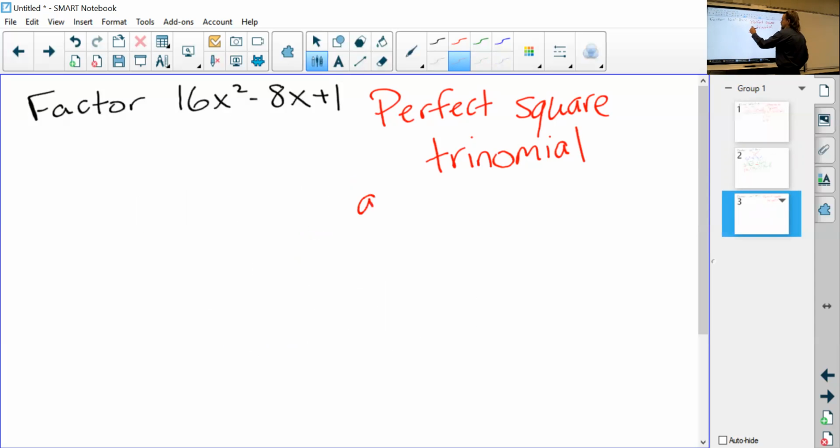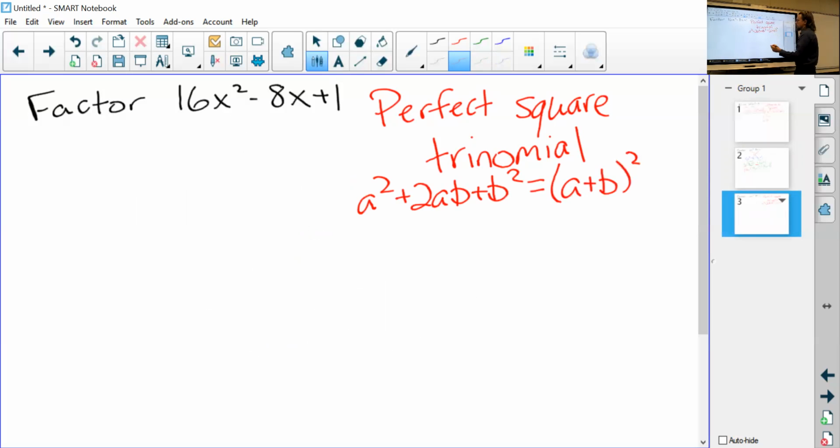Let's say a squared plus 2ab plus b squared equals a plus b squared. Or similarly, but not quite, a squared minus 2ab plus b squared equals a minus b squared.